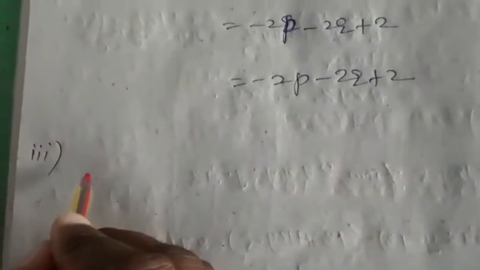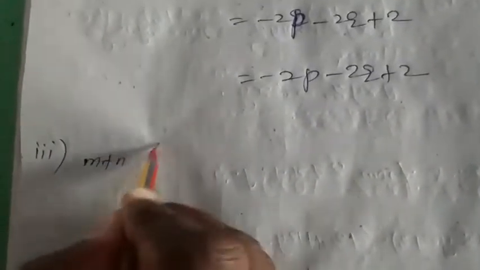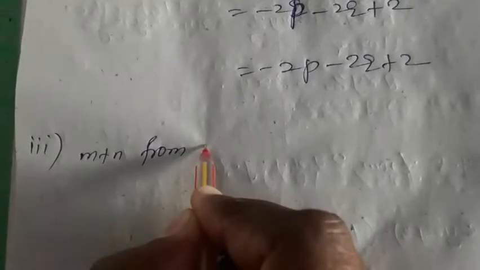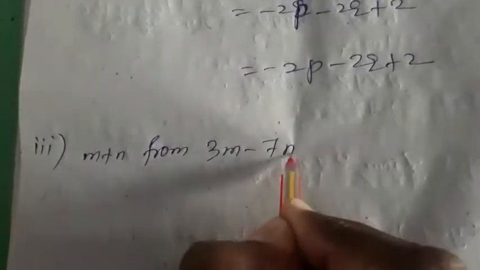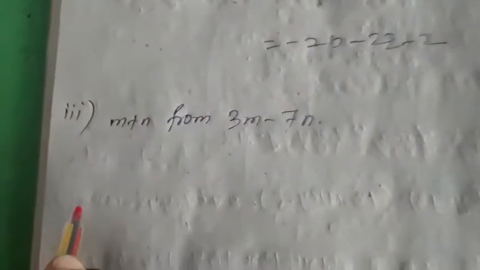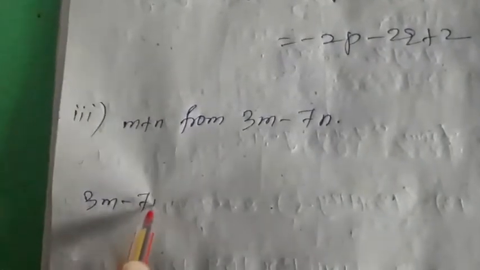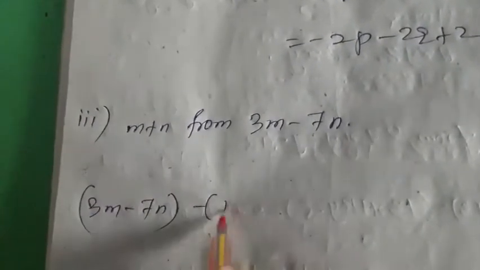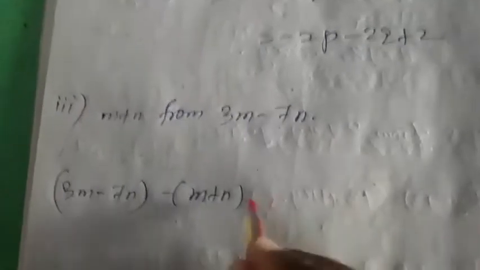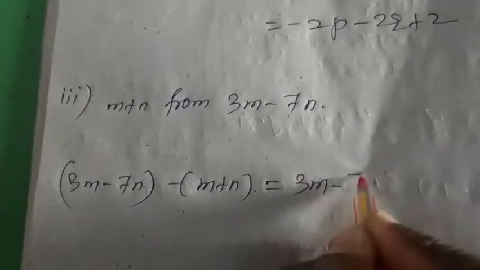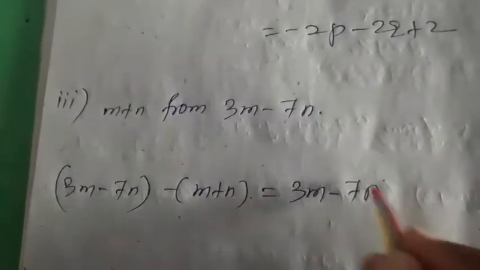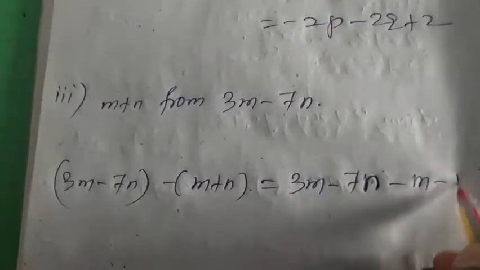Next, third one. What is that? m plus n from 3m minus 7n. Then take 3m minus 7n subtract minus m plus n. Then 3m minus 7n, minus common take inside: minus m minus n.